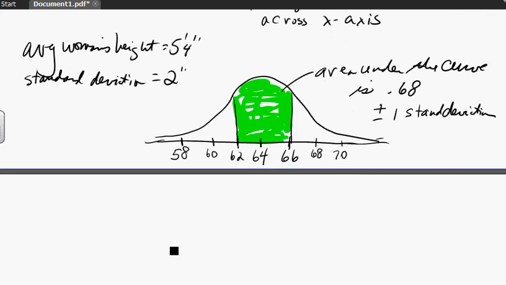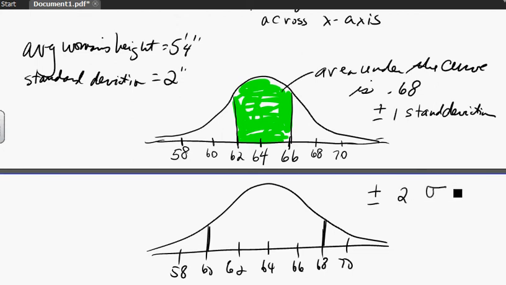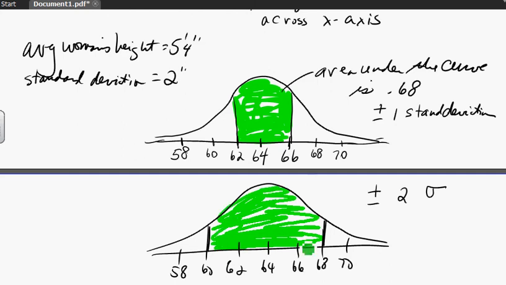If I'm on the same curve, to 60, 58, same curve, and I go out 2 standard deviations, so I'm going to call this plus and minus 2 sigmas, and I look at all that area between 60 and 68, this area is 0.95.